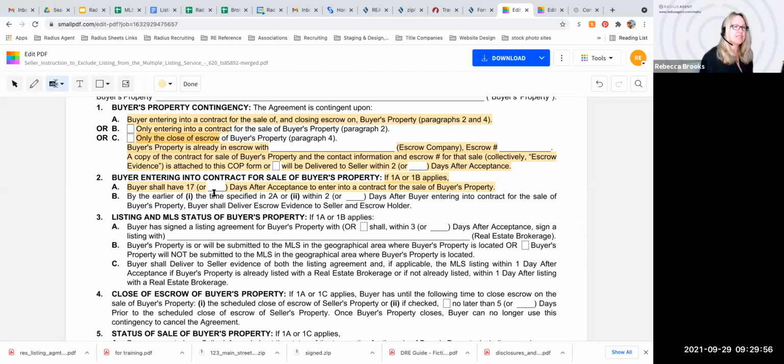You could put 30 days to get it into contract, or you could put 5 days to get it into contract. It depends on your situation, right? And then once again, you're going to have to deliver escrow evidence to the seller showing that, okay, now we're in contract on my exiting property. Here's the evidence that we're in contract.